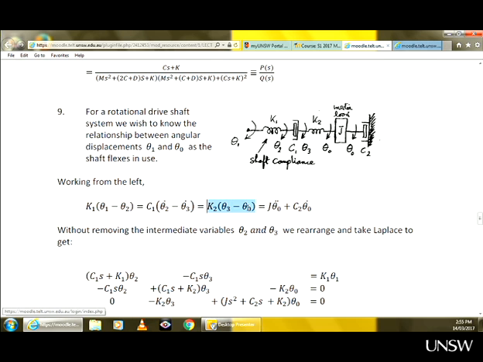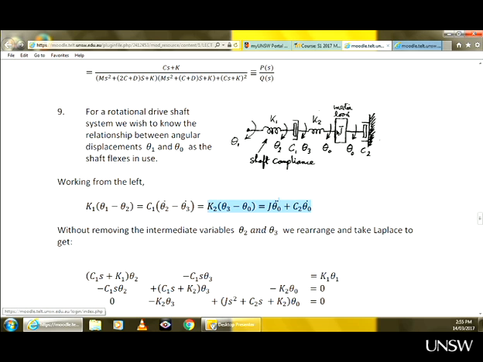Now, the torque in the second spring minus the torque due to the friction will be equal to the inertia term. This term is the rotational motion. So J times θO double dot, angular acceleration. Because if you take the disk only, the inertia of the disk will be equal to positive torque minus negative torque.